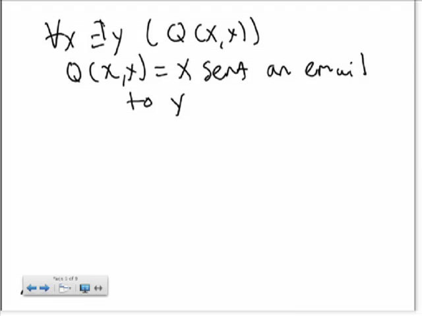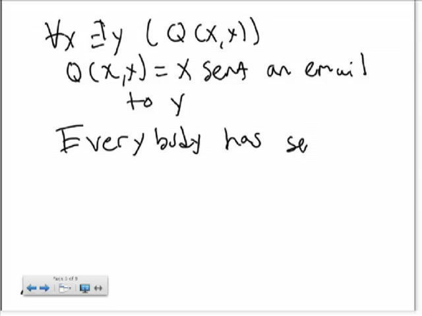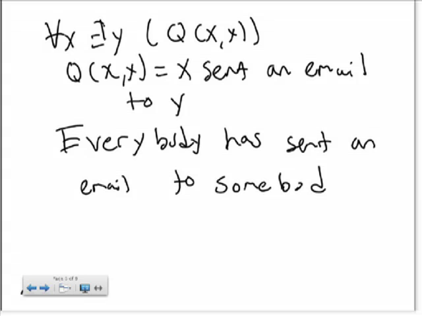To make this a little easier to understand, we're just going to say that everybody has sent an email to somebody. That's how we would say it in everyday talk, because everybody is our universal, that's all x, and has sent an email to somebody is our existential quantifier.